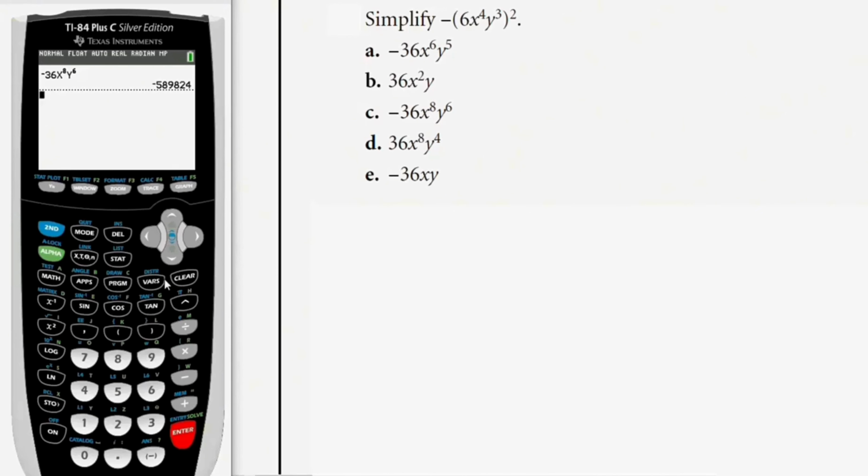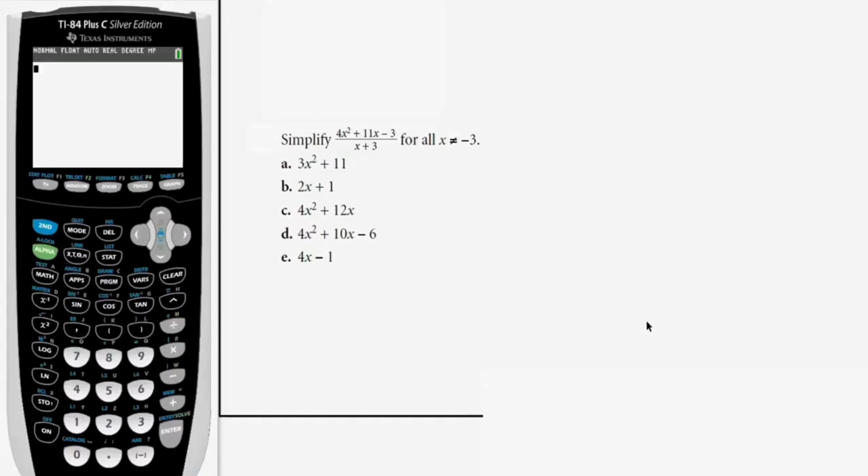Hope there's something interesting. In this video, we are going to learn how to solve this ACT math question easily and fast using the TI-84 Plus scientific calculator. Alright, guys, this question is under long division of polynomials and is very easy using the TI-84 Plus calculator. The question says simplify this expression for all x not equal to negative 3.